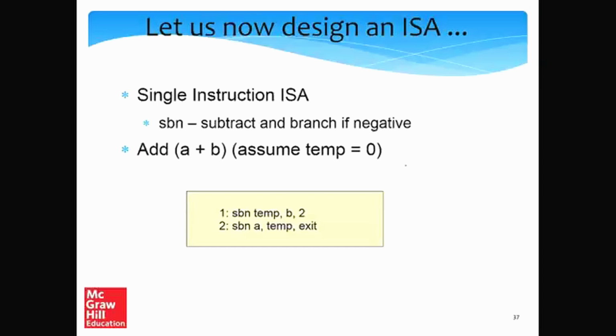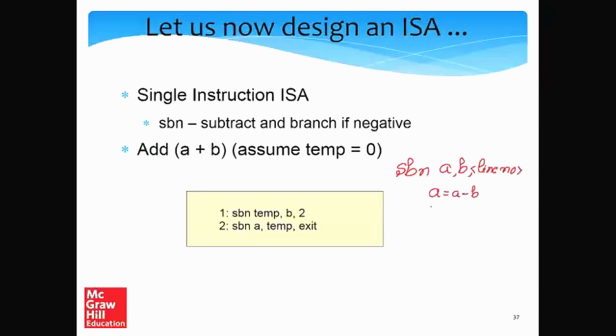The way that an SBN instruction works is as follows. What an SBN does is that it essentially subtracts b from a, so it computes a is equal to a minus b.